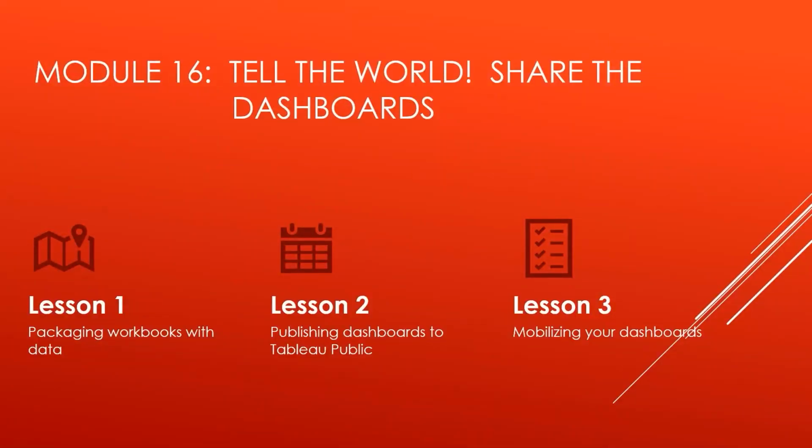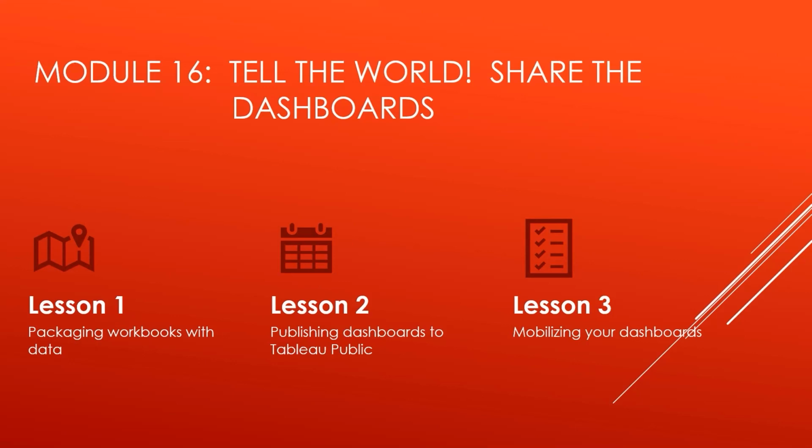In this module, we began by packaging our workbook with the 3D data. And we use that one because we have the actual data source and shape files saved locally, which become part of the package. Then we moved on to publishing to Tableau Public. And we used the server menu for that. Tableau Public, again, is the free component of Tableau.